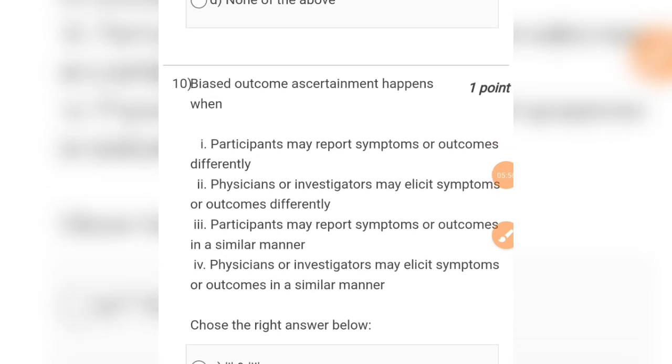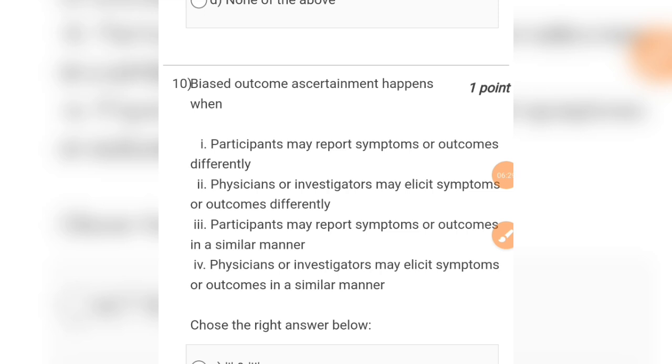The last question for assignment 7 in week 3 is, biased outcome ascertainment happens when: 1, participants may report symptoms or outcomes differently; 2, physicians or investigators may elicit symptoms or outcomes differently; 3, participants may report symptoms or outcomes in a similar manner; 4, physicians or investigators may elicit symptoms or outcomes in a similar manner.